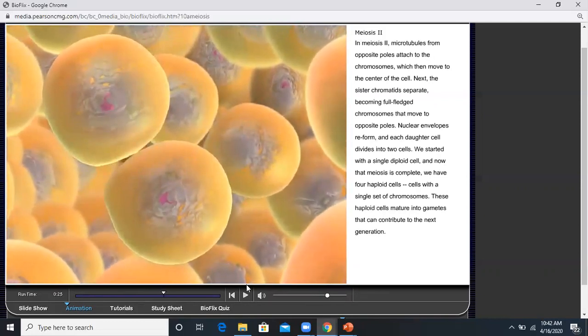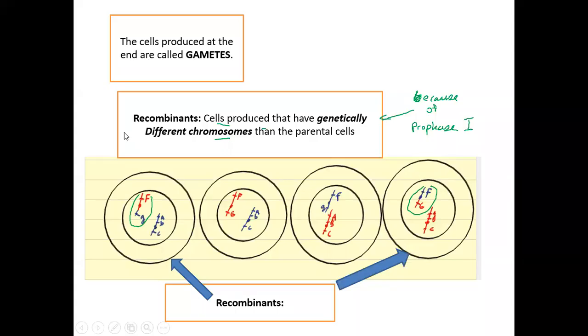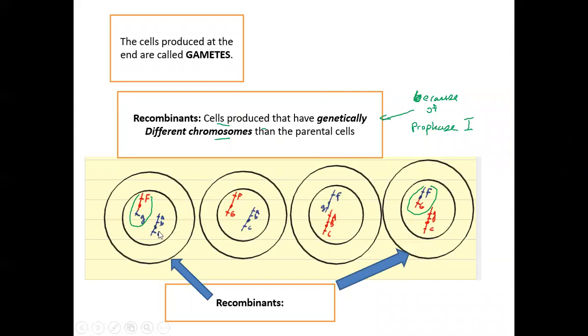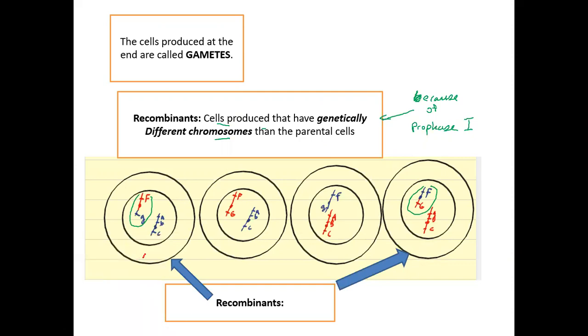that are genetically different. So there's a lot going on to digest in meiosis II, but a couple of key reminders here: what happens if 2 gametes combine? What is the point of meiosis? It's always to do fertilization. So it's random, but let's say I had just this gamete right here, so I'll put a little star here.